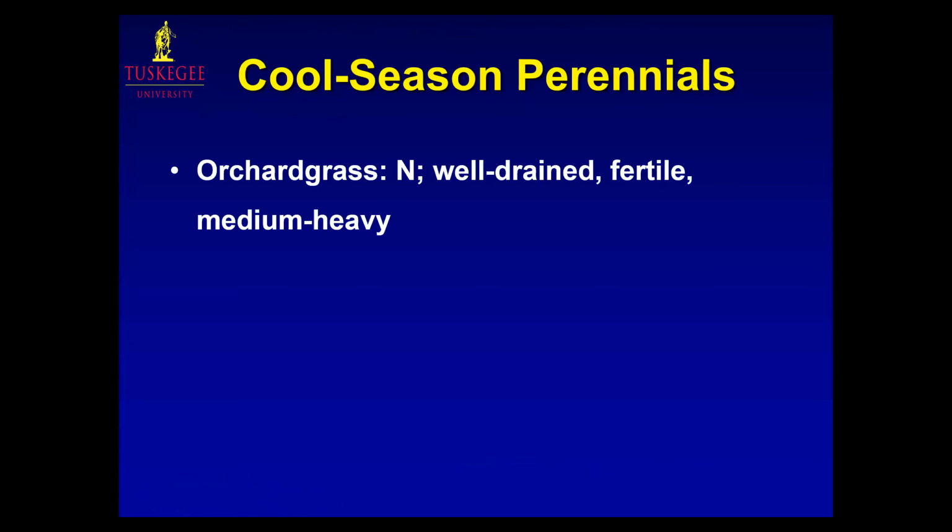So now let's look at the cool season perennial grass species. Orchard grass is one of them, but it will be suitable to the northern part of the state and above. It will require well-drained, fertile soil, and it may grow in a medium to heavy soil, not in a sandy soil. It may require something a little heavier than that.